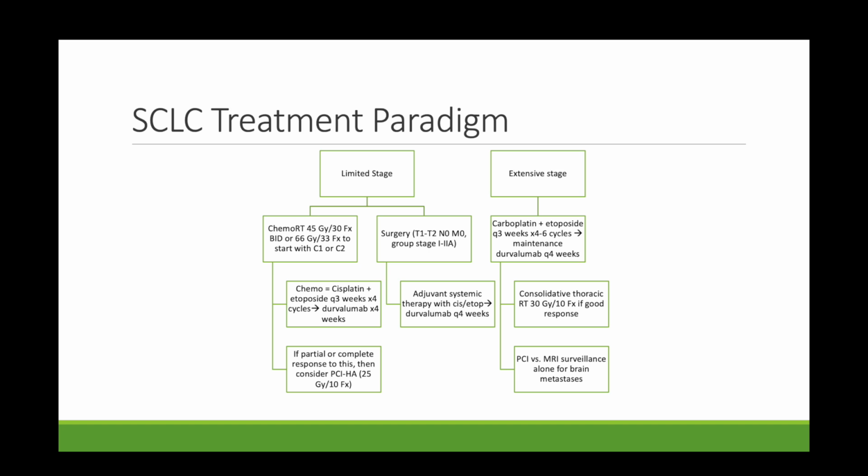But it's 25 gray in 10 fractions PCI if they have good performance status and good response to upfront chemoradiation for limited stage disease. For extensive stage disease, there is level 1 evidence supporting MRI surveillance alone, and we're waiting for that Maverick trial, which looks at both limited and extensive stage. I think both options are viable: PCI or MRI surveillance with SRS if they do have brain metastases.